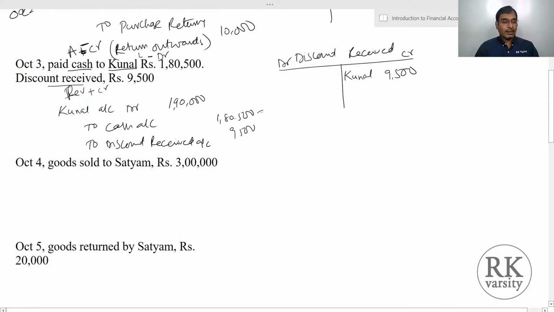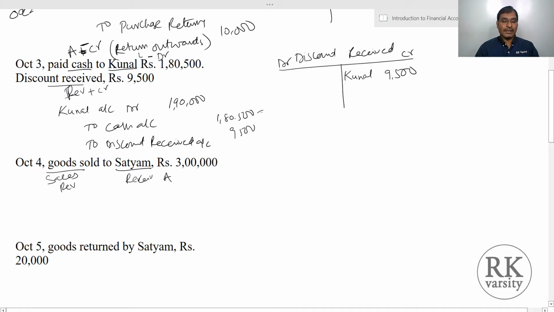Next, on October 4th, goods sold to Satyam rupees 3 lakhs. So one is your sales and second one is Satyam. Sales is your revenue, Satyam is your receivable, that is your asset.